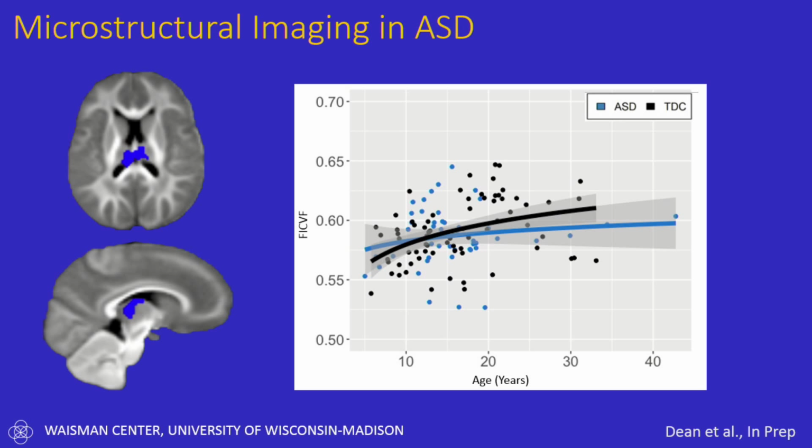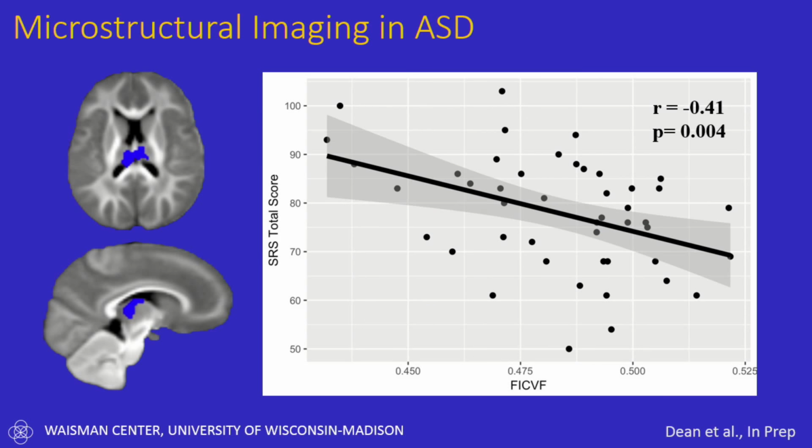And what we're really interested in is that not only do we see these differences between these two groups, but we also see that this measure is highly correlated and associated with autism severity, as measured by the Social Responsiveness Scale score.